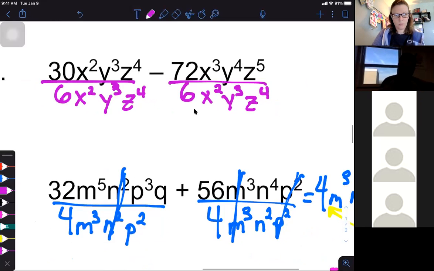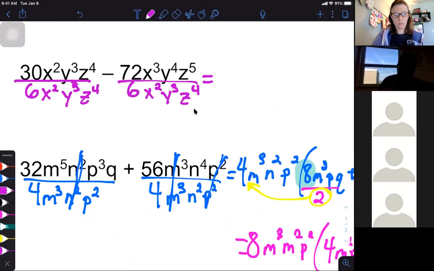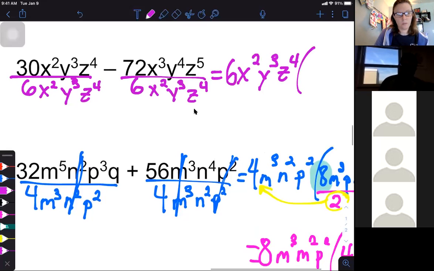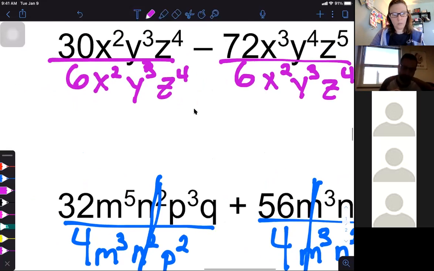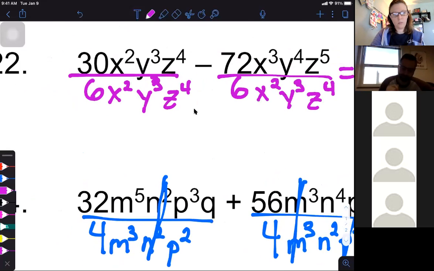All right, good. So I'm going to write this over here. 6 x squared, y cubed, and then z to the 4th. And then, Bill, in my first term, what can I cross out? X, Y, and Z. Yeah, that's a nice one, right?